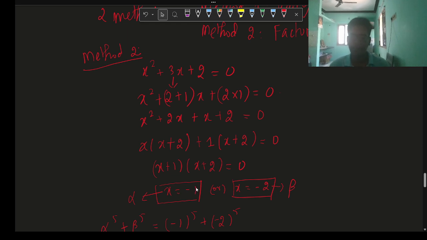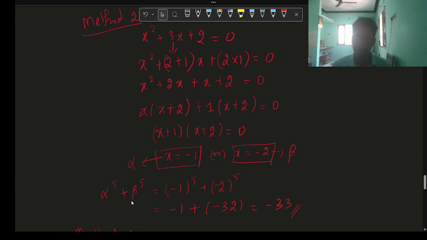I am just taking minus 1 as alpha and minus 2 as beta. So I am just substituting the same. Alpha power 5 plus beta power 5 is minus 1 power 5 plus minus 2 power 5. I would end up getting minus 1 plus minus 32, which would give me minus 33.